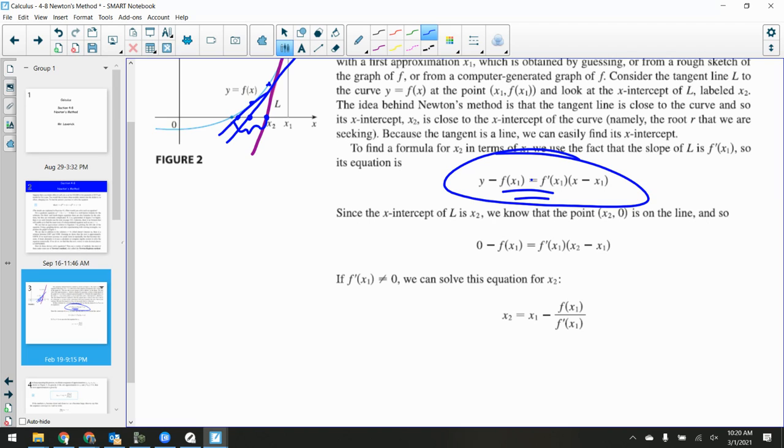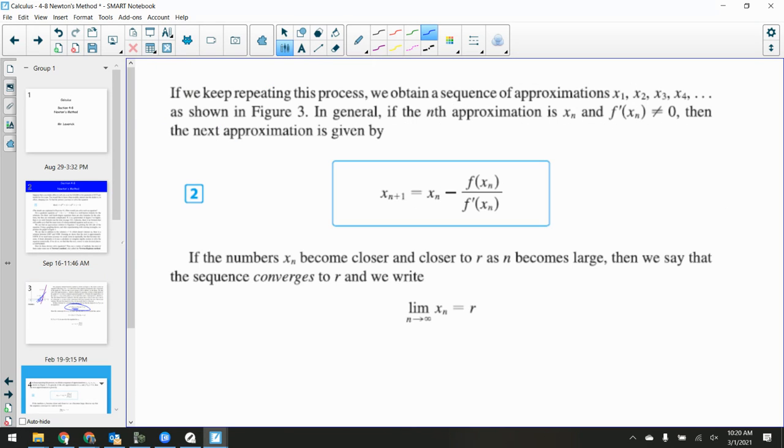And we could keep that process going, getting closer and closer to the root. If I make this arbitrary, I can say that x sub n plus 1 is equal to the term before it, x sub n, minus plugging that value into the original function, divided by plugging that value into the derivative. And that is Newton's method for approximating a 0.